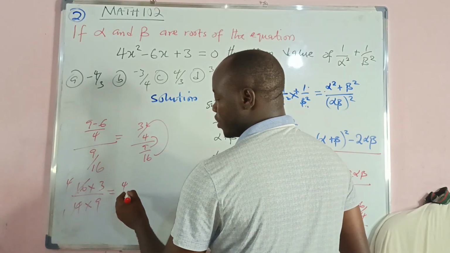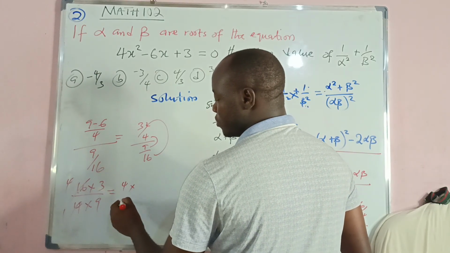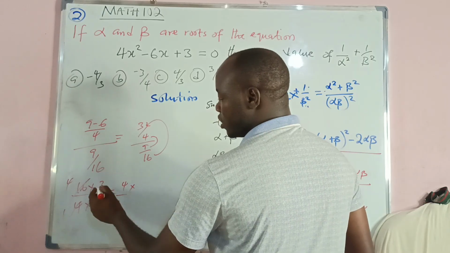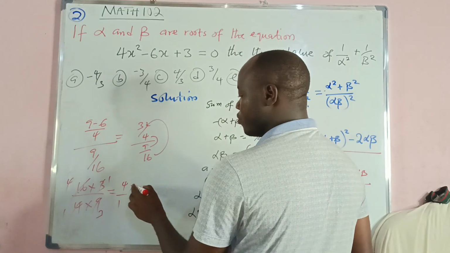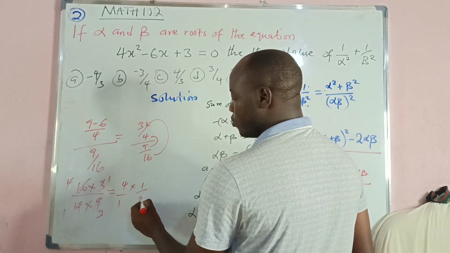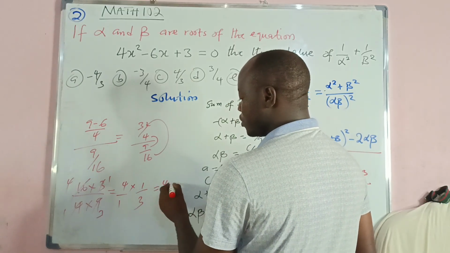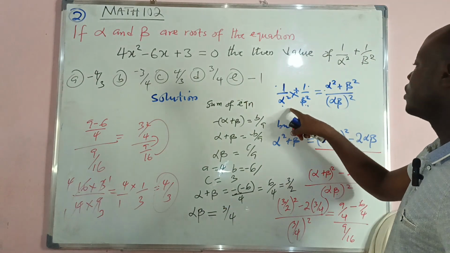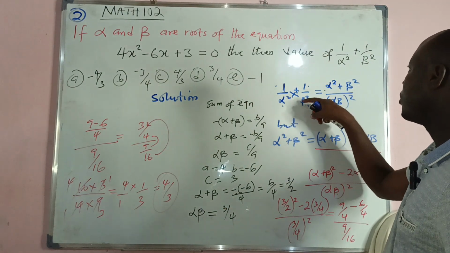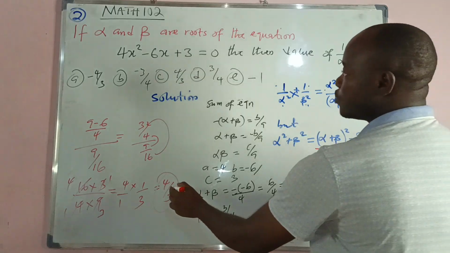So we have 4 times 4 over 1. We have 3 here is 1, 3 here is 3. So we have 4 times 1 all over 3. So this is the same thing as 4 over 3. So the value of (1/α²) + (1/β²) is 4 over 3.